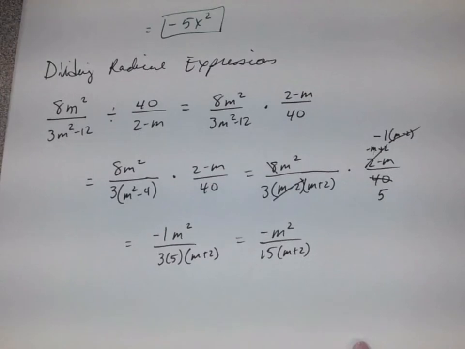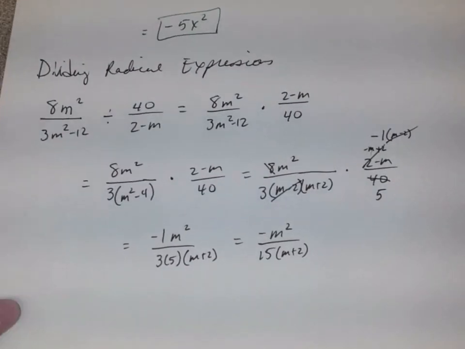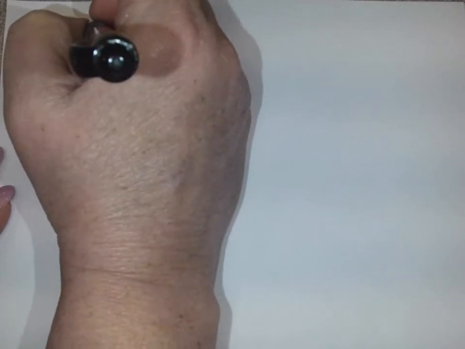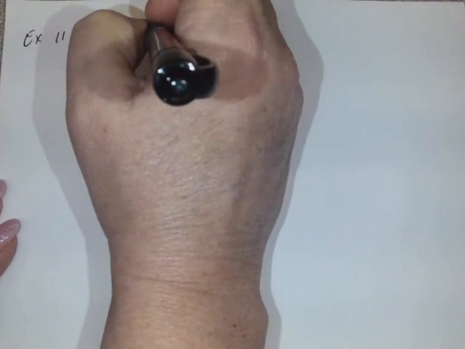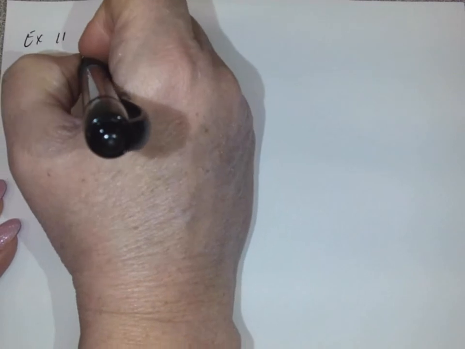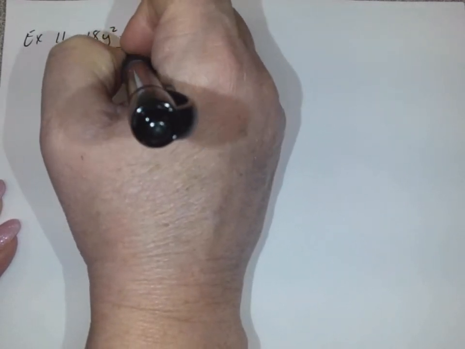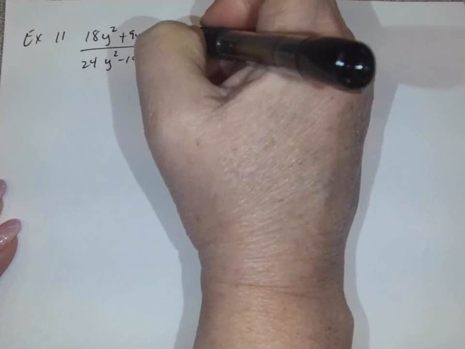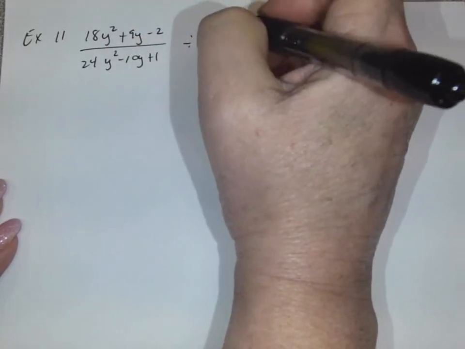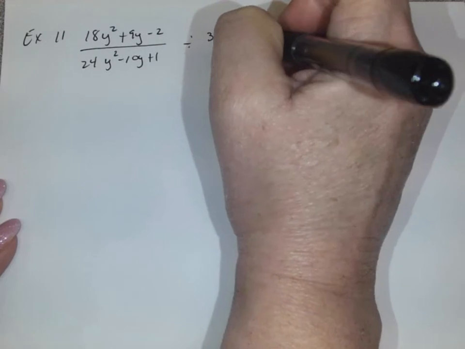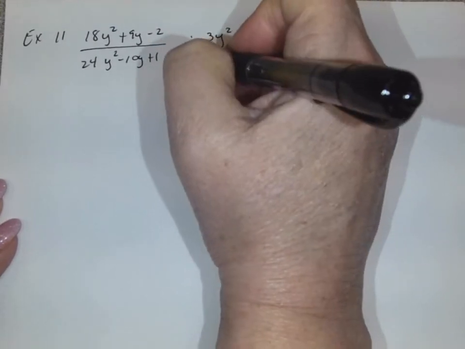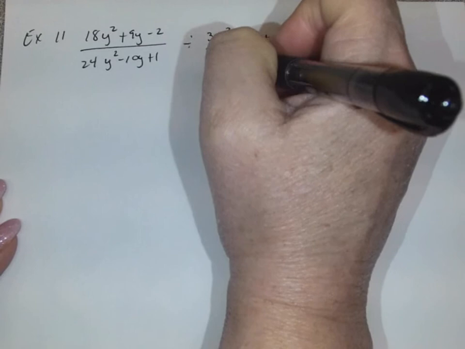All right, so let's do another division. So this will be example 11. We have 18y squared plus 9y minus 2 over 24y squared minus 10y plus 1 divided by 3y squared plus 17y plus 10 over 8y squared plus 18y minus 5.